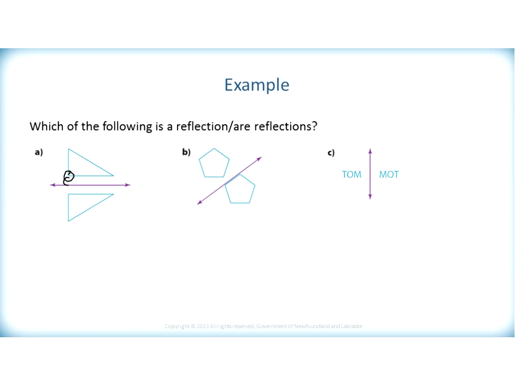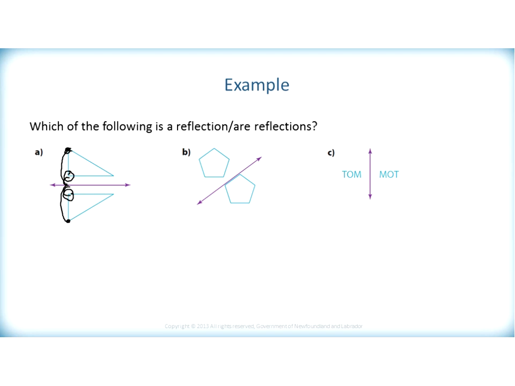The corresponding point on the image that's created is going to be right here, and that is also approximately 1 unit away. This point right here has a corresponding point all the way down here. And the distance from this point to my line of reflection is going to be the same as the distance here to my line of reflection. So they are exactly the same again.